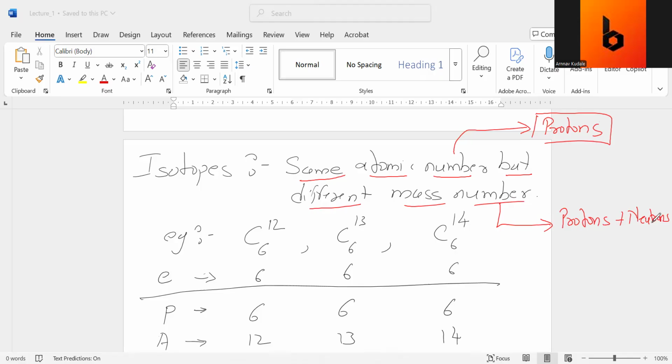Now, when it comes to isotopes, you can say either electrons or protons, but generally electrons can go out of the orbits and form ions, so the preferable term is protons.